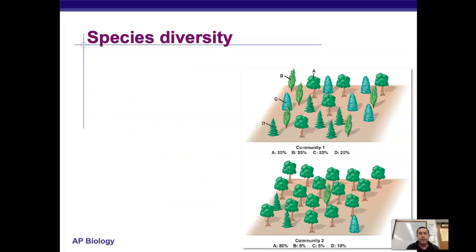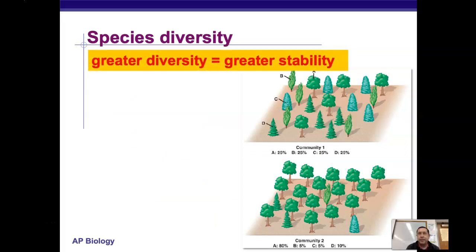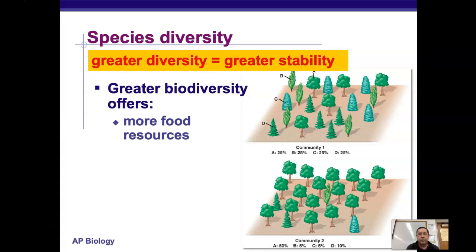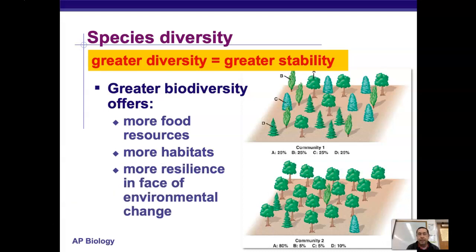So species diversity, greater diversity equals greater stability, healthier environment. Greater biodiversity, more food resources for the species that live there, more habitats, places for species to live, more resilience in the face of environmental change. If something happens, more of the community will survive.